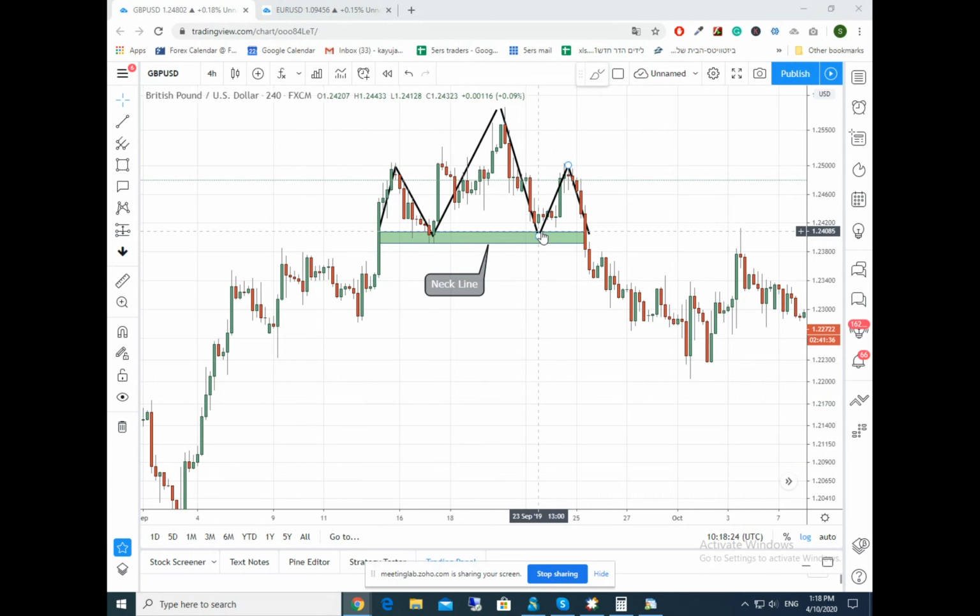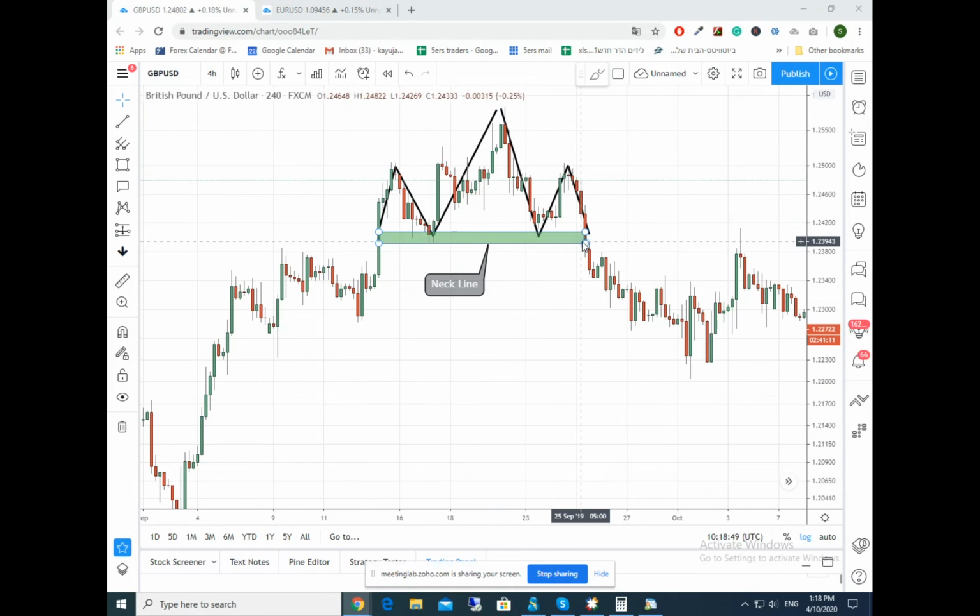And usually we will wait for the price to break out of this line, and when the price does it, that finally confirms that this bullish momentum from the left has changed from bullish to bearish.